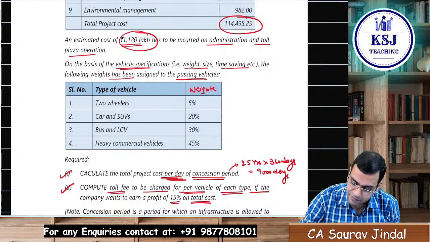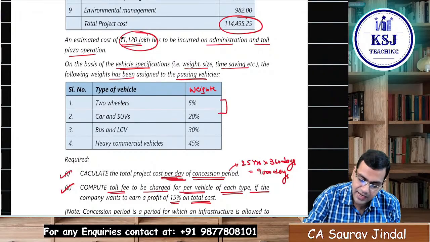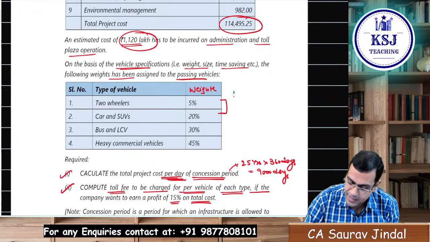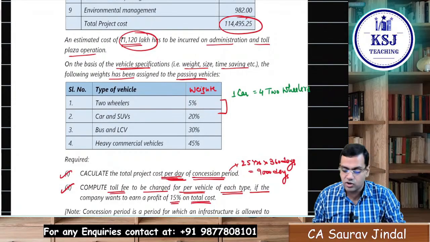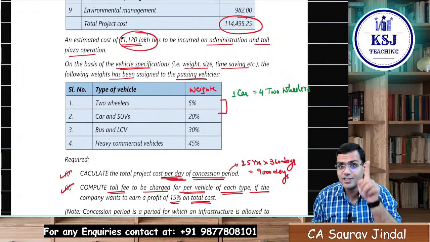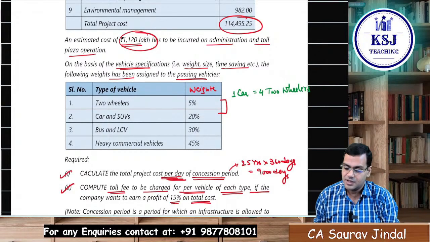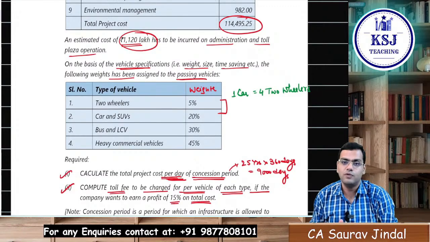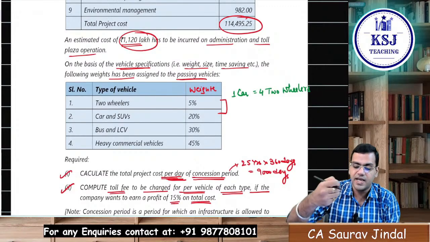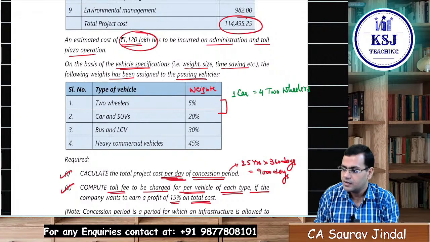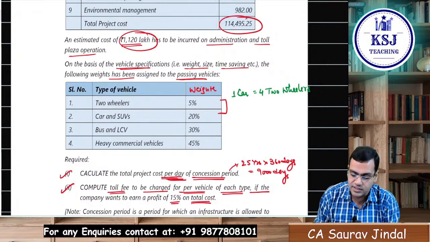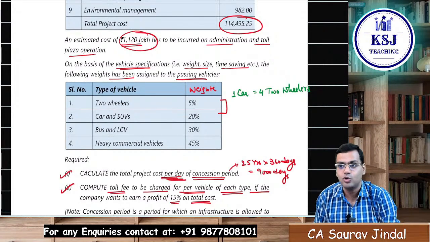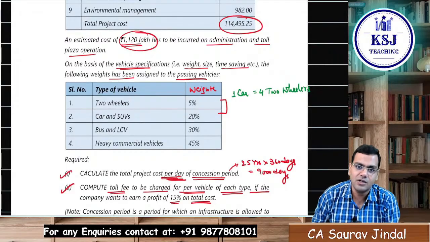Can I say from this interpretation that one car is equal to 4 two-wheelers? If I want to convert everything into two-wheelers, convert to equivalent units, can I say one car is equal to 4 two-wheelers?